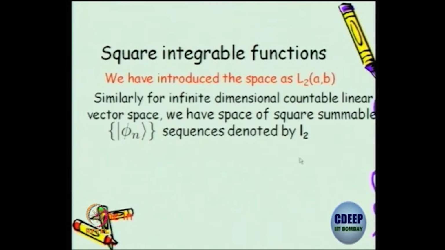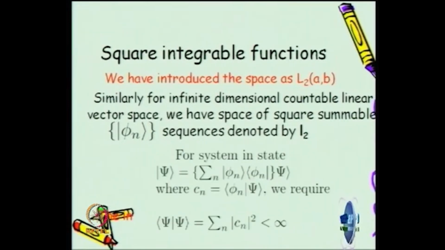We also saw that in such an L2 space you can write an arbitrary state by inserting this parenthesis, which is a unit operator. It is just a unit operator operating on that state, but you can reinterpret it as looking at the inner product of the state as a probability amplitude, which we denote as Cn.